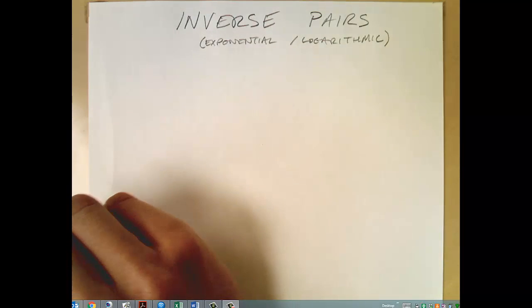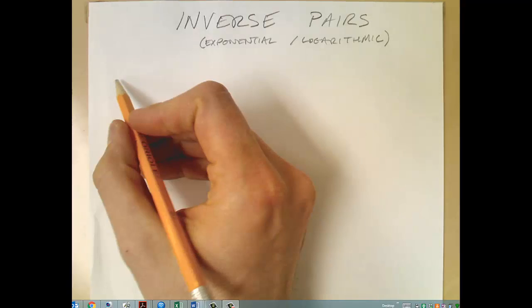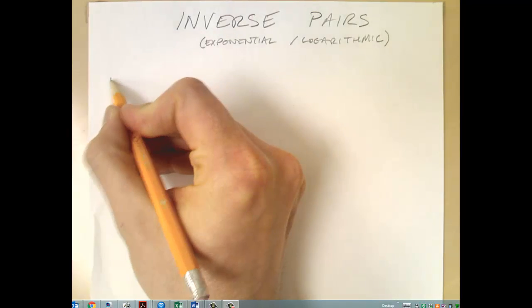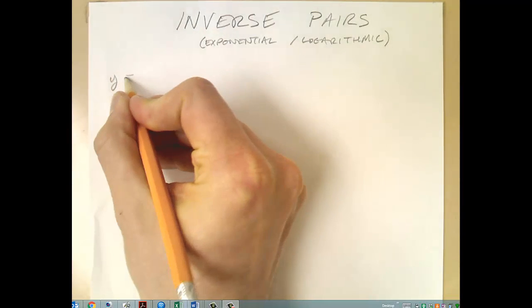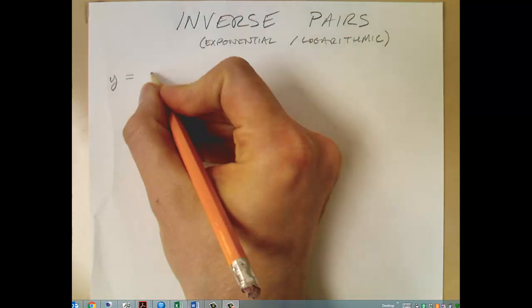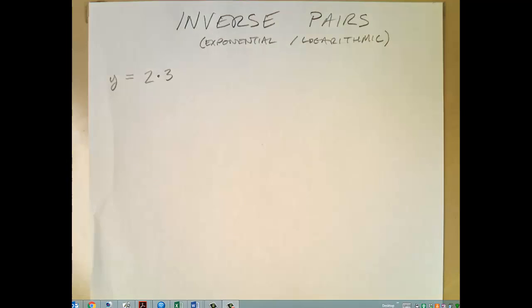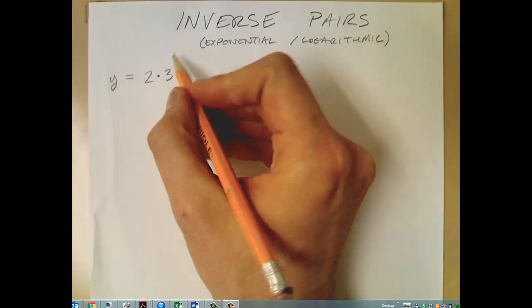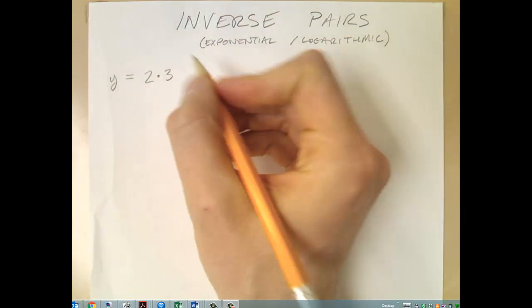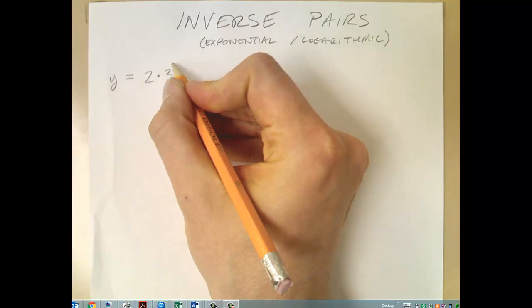So let me make up an exponential function here. We could say y equals, well, let's do something similar to what we had as an example in class. I don't remember exactly how it went, but it was something like this.